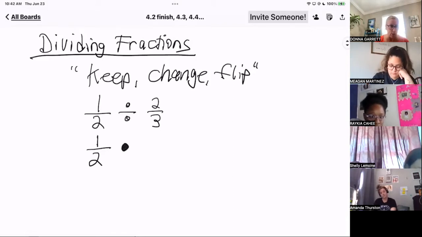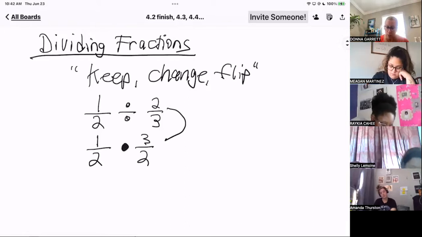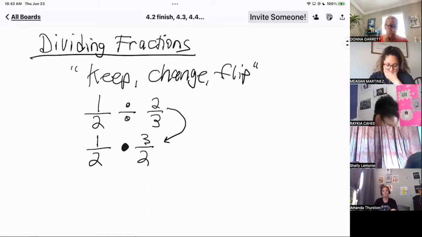That's because dividing is just multiplying, except you have to flip or reciprocate the last fraction. So dividing just becomes multiplying by doing keep, change, flip. You keep the first fraction, you change the dividing to multiply, and you flip the last fraction. Only the last fraction. You do not flip the first fraction.